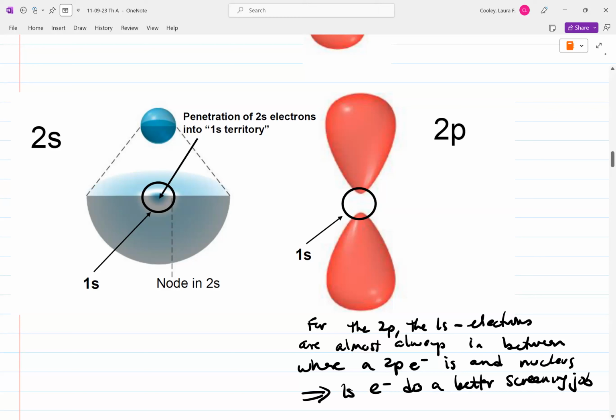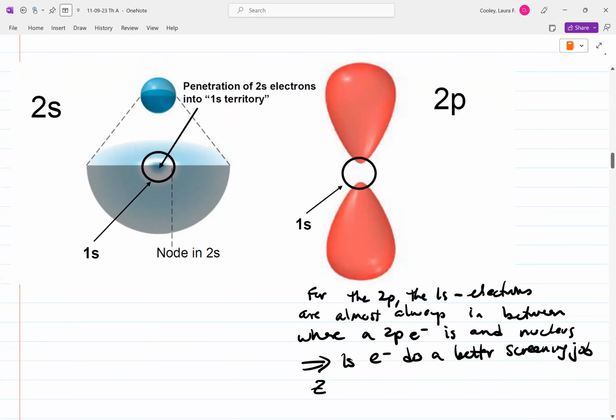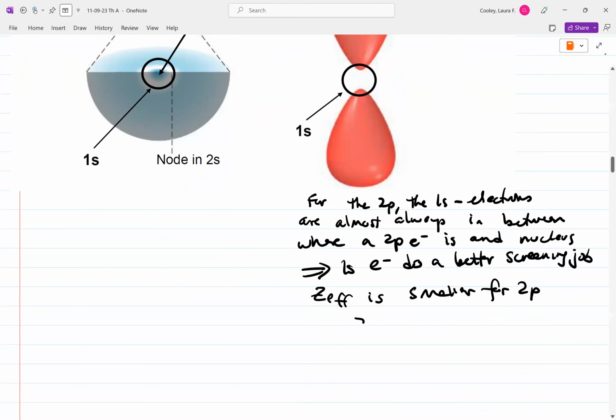And so what that means is that the Z effective is smaller for the 2p. Remember, Z effective is Z minus S. S is larger for the 2p, shielded by 1s.